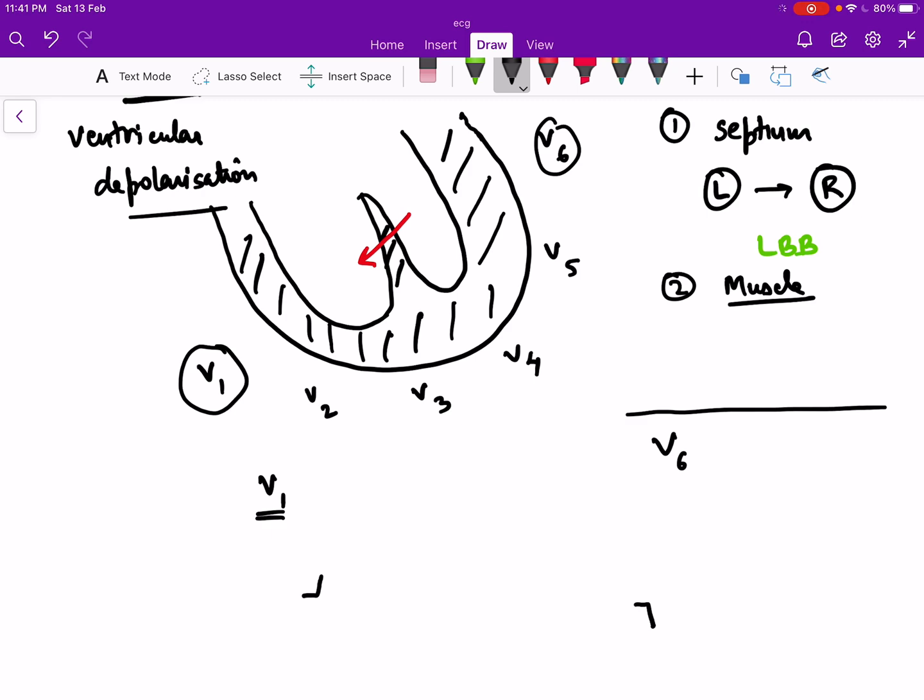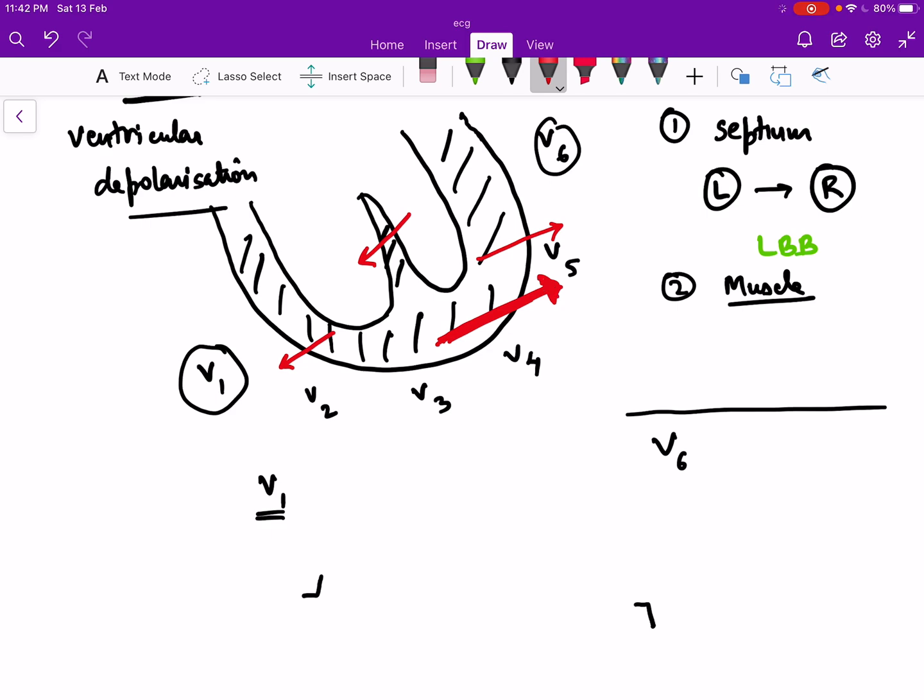The depolarization vector of the right ventricle is in this direction, and that of the left ventricle is in this direction. As we know that the muscle mass of the left ventricle is much more compared to the right ventricular muscle mass, the total depolarization vector lies in this direction, which is our total depolarization vector.